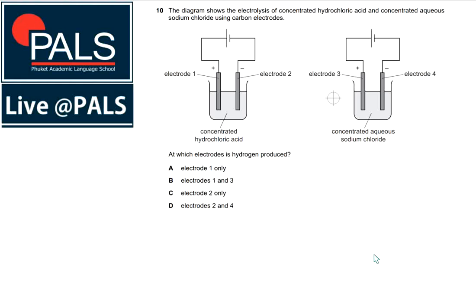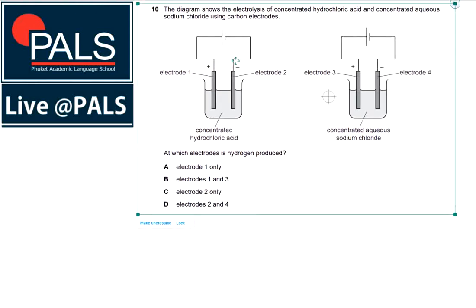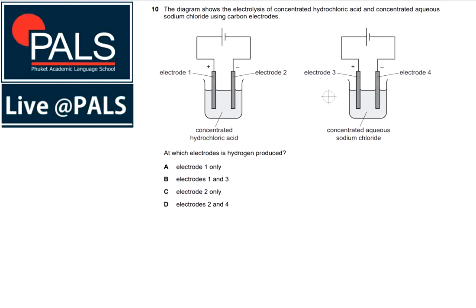So hydrogen is always produced at electrodes 2 and electrode 4. So the correct answer is letter D.